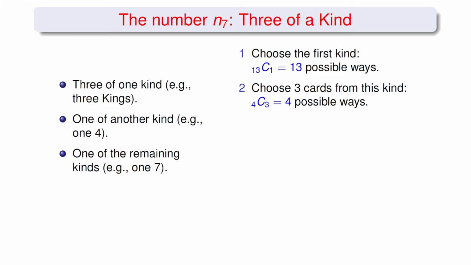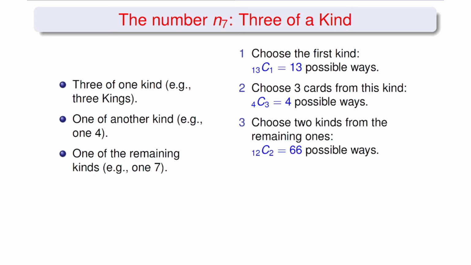All right, so after the first kind, there are 12 kinds left. So we choose 2 of them. So here is a combination. 12 choose 2, which is 66 possible ways. Now here, because they both have 1 card, the order doesn't matter. So that's why we are using combinations. 12 choose 2, 66.